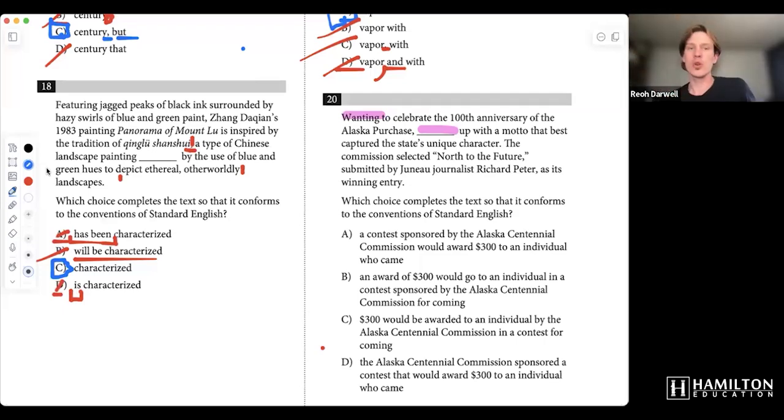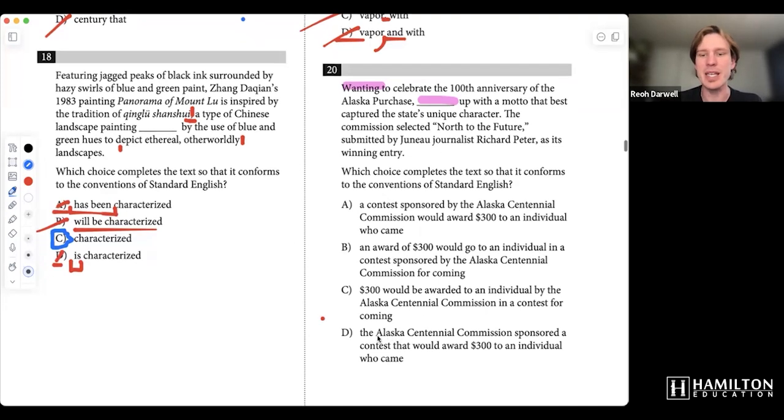Okay, so who or what is wanting to celebrate the 100th anniversary of the Alaska Purchase? Well, the thing which wants to celebrate it is the Alaska Centennial Commission. So the Alaska Centennial Commission is what needs to go right there, which is why D is correct.